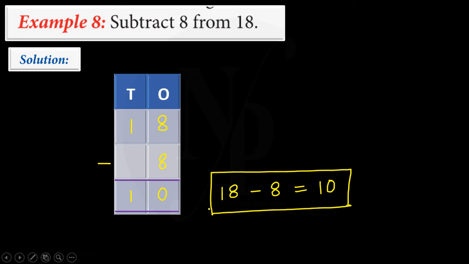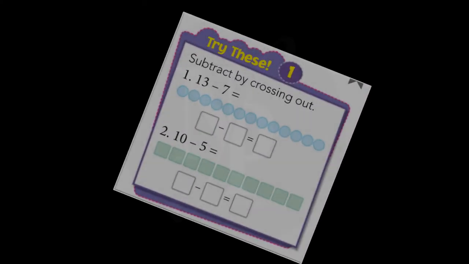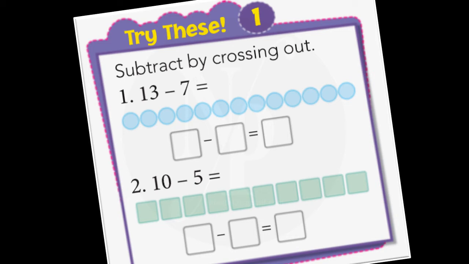Isn't it? Now let us move to the next question. Yes, now we have try these number 1. You can refer this in your textbook also. Subtract by crossing out. Question number 1, 13 minus 7.